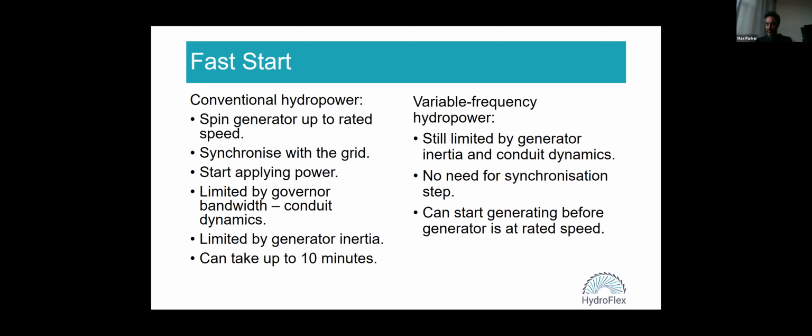So if you're only ramping up to 50% power output, then you don't need the generator to be running at the full speed. If you only ramp the generator up to 50% speed, then that's a quarter of the stored energy. So it will be a lot quicker.